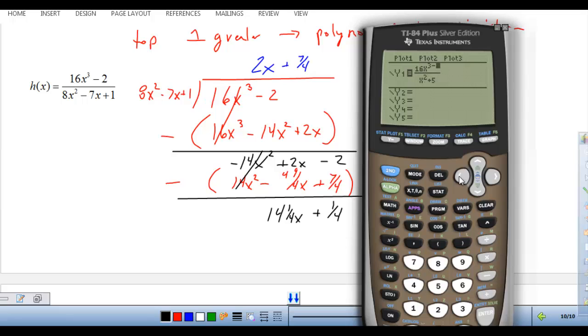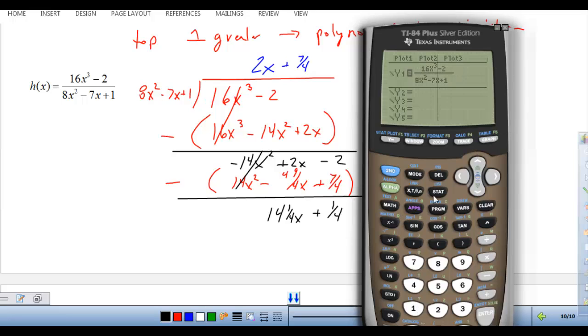Oh, let me delete this. Over minus 2. And then denominator 8, and x squared minus 7x plus 1.